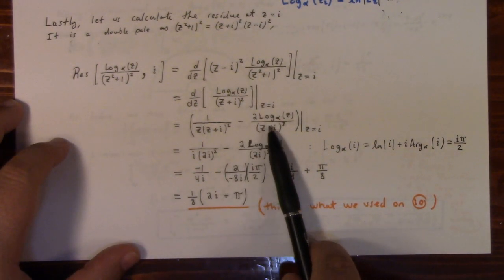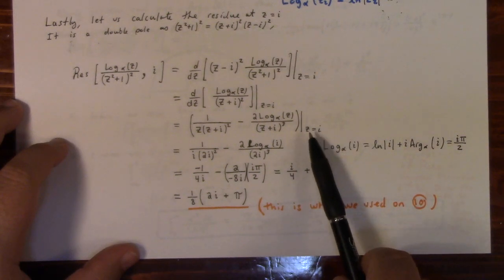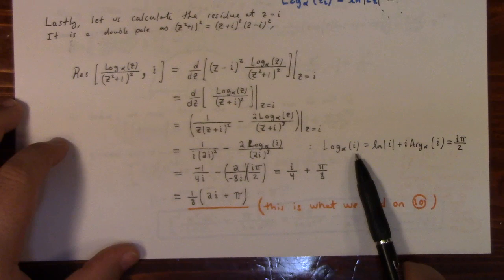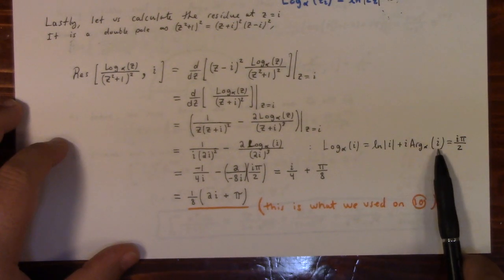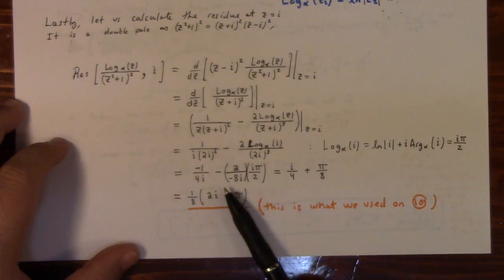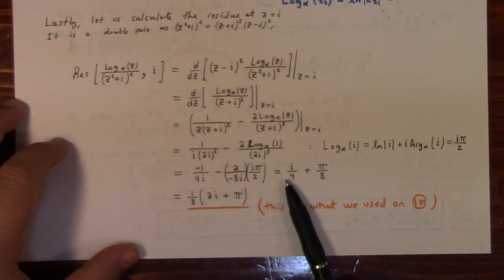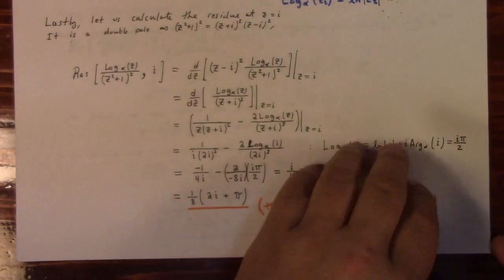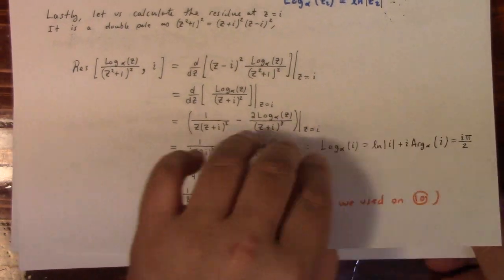I use the product rule personally, and then I evaluate at i. I have to calculate the log alpha of i, which is the log of the modulus of i plus i times arg alpha of i. But remember, i is at pi over 2, so we get i pi over 2, which gives me the thing we used on the last page. All right, moving on.